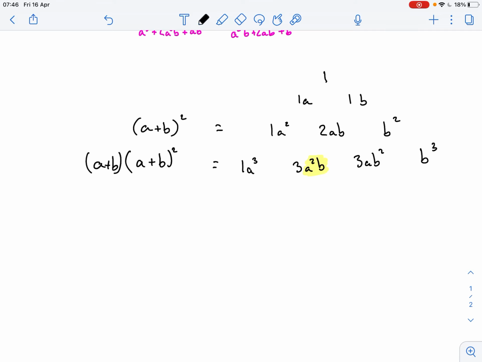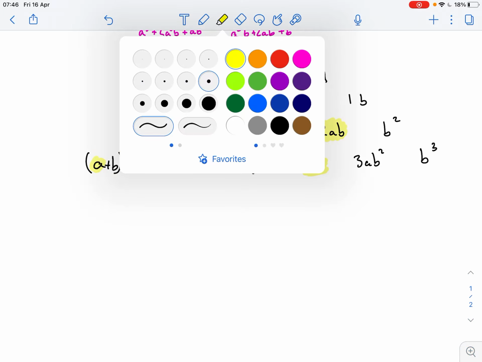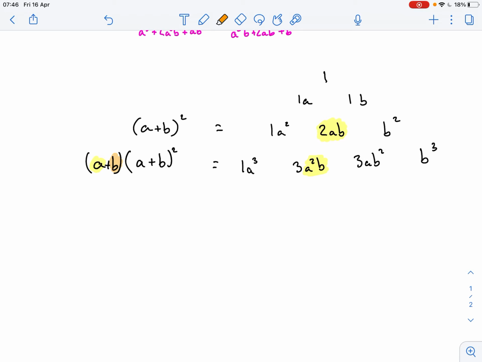Well, that's going to be the result of this a multiplying the ab term, so this term up here. And the only other way I'm going to get an a squared b is when my b term multiplies the a squared term from a plus b squared. So these two will always combine to give me the next term. The result of it being within Pascal's triangle is inevitable.